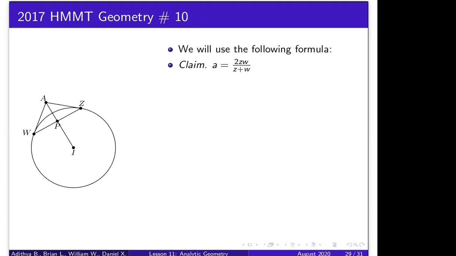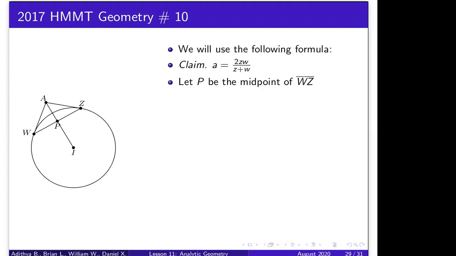So in order to find it, first we can erase the other points because they're not important, and let's just draw the diagram shown. In particular, you can see by symmetry that P should be the midpoint of WZ. AW is equal to AZ because they're both tangent to the unit circle. IW is equal to IZ because they're both radii.